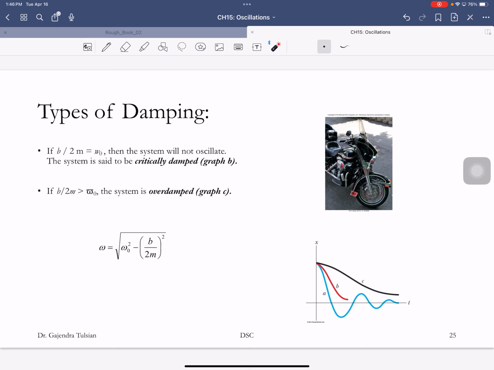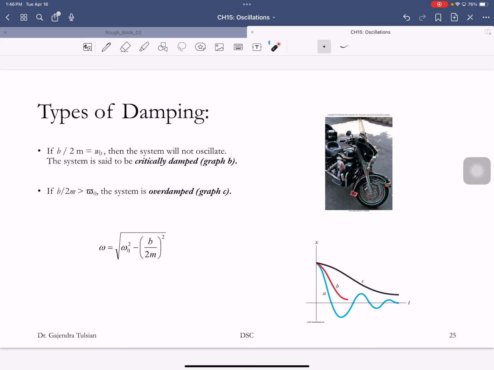Because once you come out of the pothole, you don't want the wheel bouncing. What do you want? You want the oscillations to die out fast. So you want to build in enough damping for the oscillations to die out.